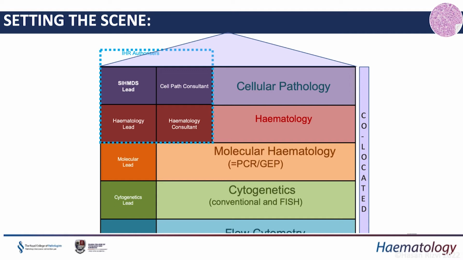Then you have the molecular, the flow cytometry, and the immunohistochemical, and you can put it all together and do what's called an integrated hematology report, or IHR, within the blue dotted box on the top left hand side. That structure sits within the Specialized Integrated Hematopathology Malignancy Diagnostic Service, or SIHMDS. It's quite a mouthful.